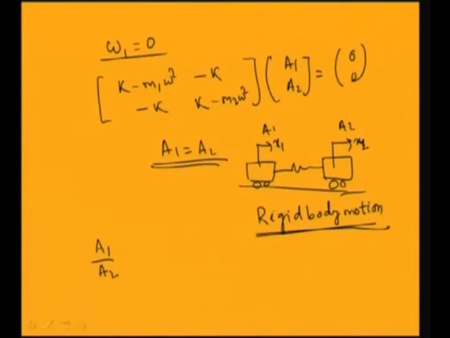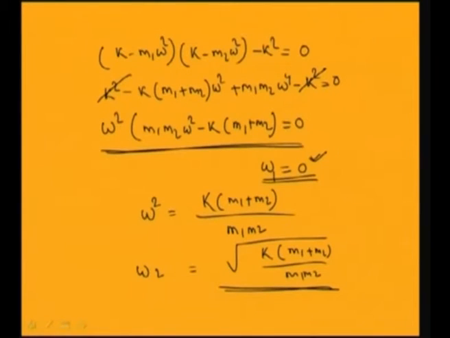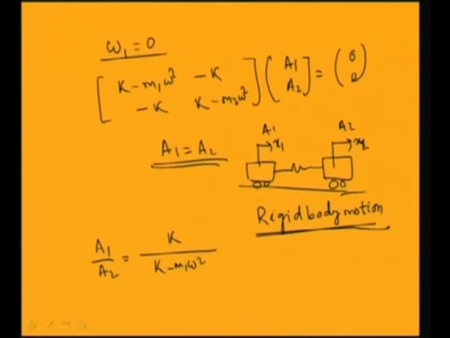In this equation, k minus m1 omega square a1 equal to k into a2. So a1 by a2 becomes k by k minus m1 omega square. You substitute the value of omega square, equal to k into m1 plus m2 by m1 m2. So if I substitute it here, this reduces to minus m2 by m1.